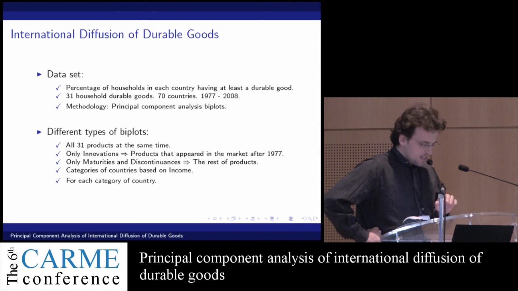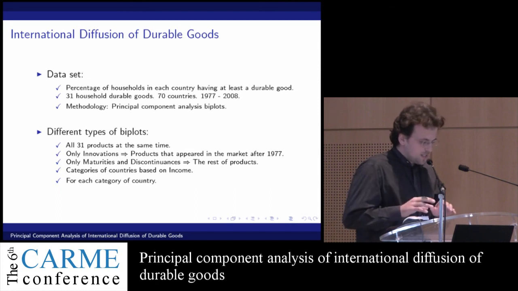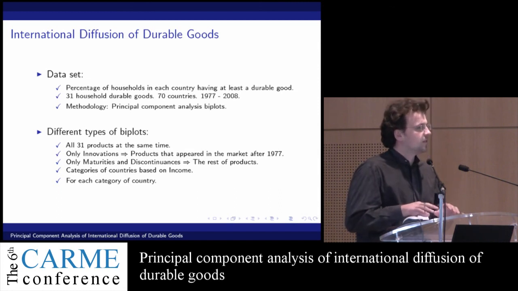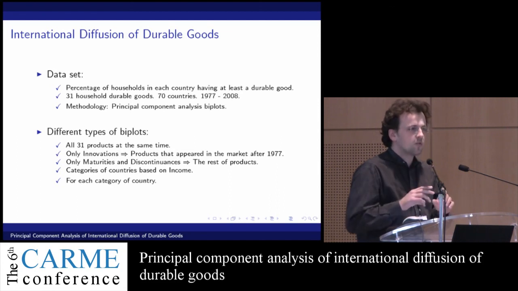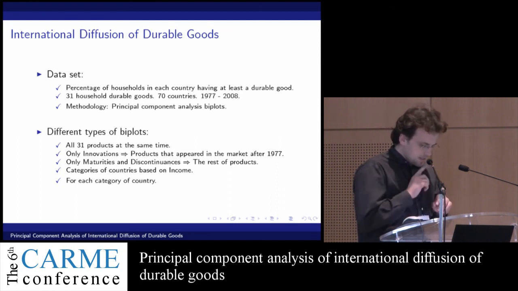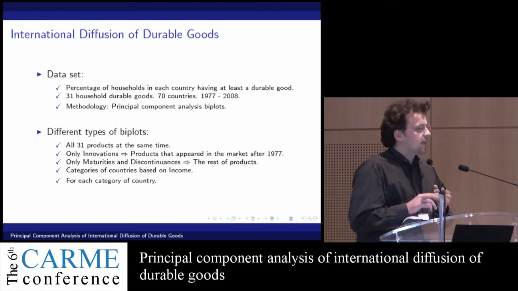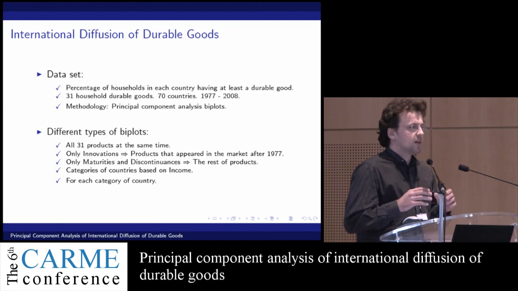Here, what international means is that I use 70 countries. The social system is the world, and the products are durable goods. This means products like refrigerators, computers, anything used in households.